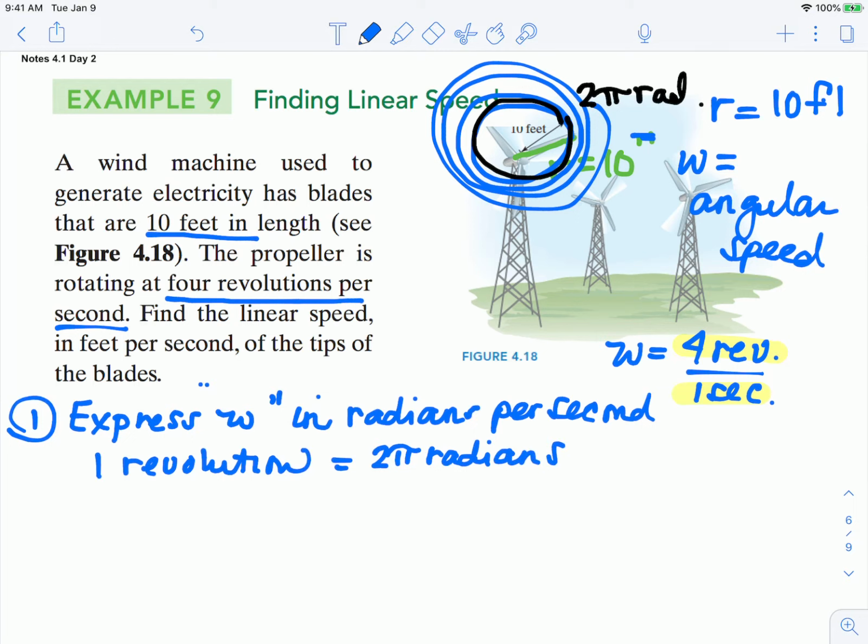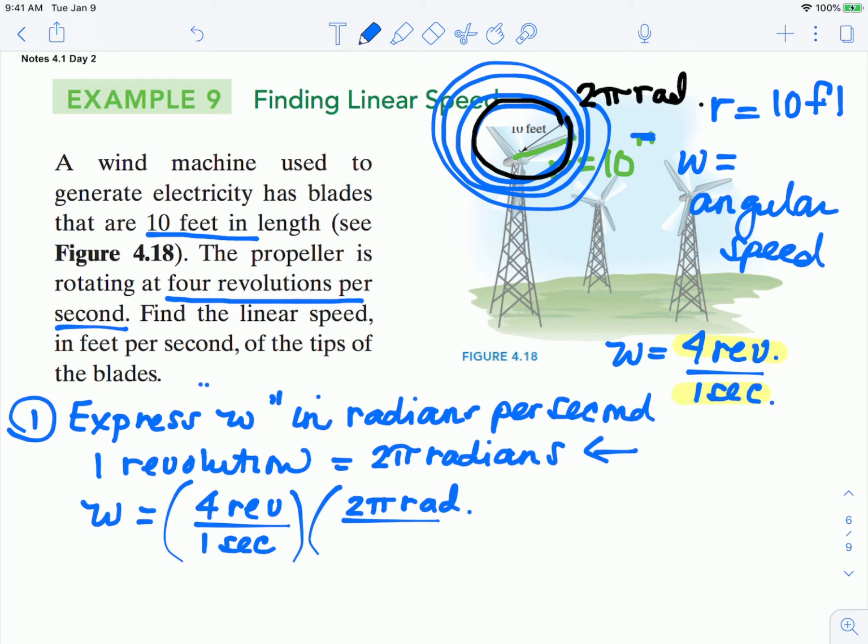So we're going to go ahead and convert. W equals angular speed, 4 revolutions per 1 second. That was given to us, and now we're going to use this equivalent. 2 pi radians is equivalent to 1 revolution.